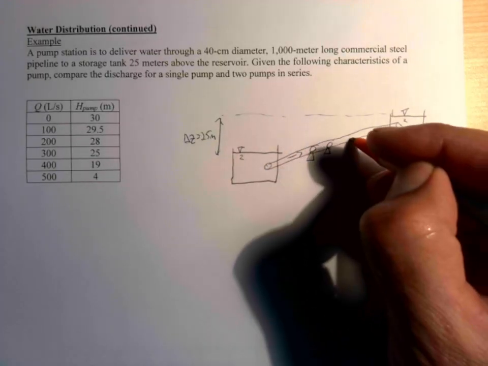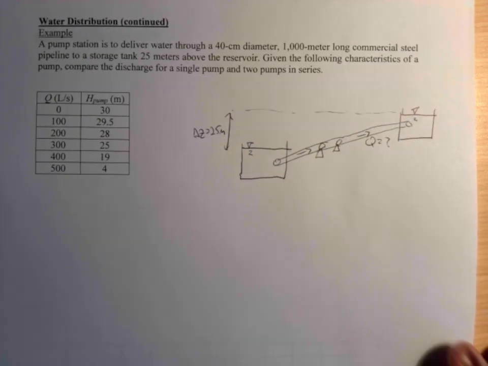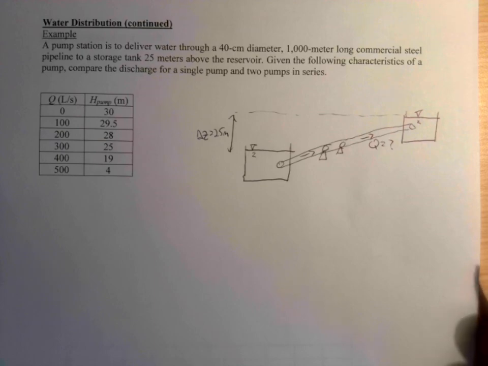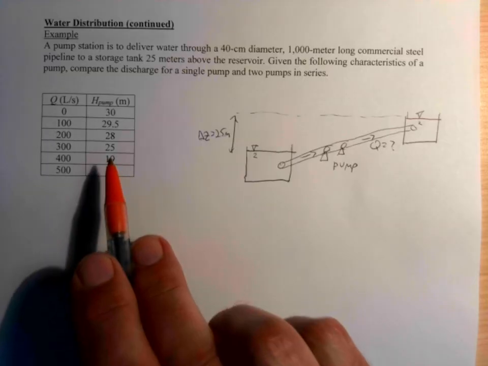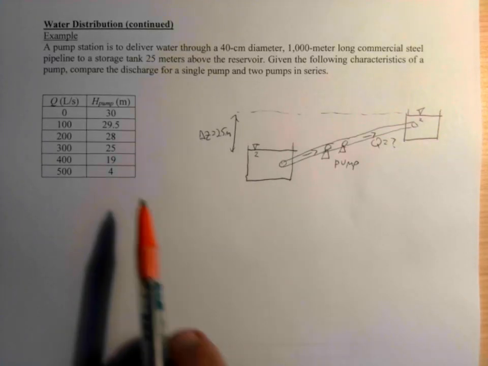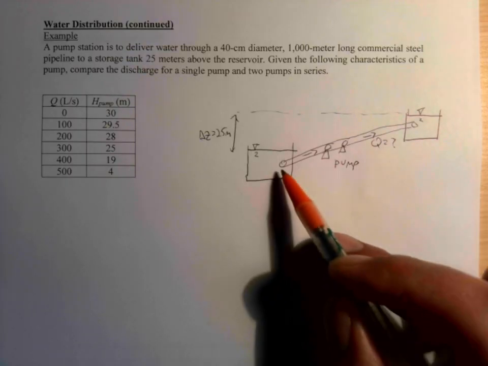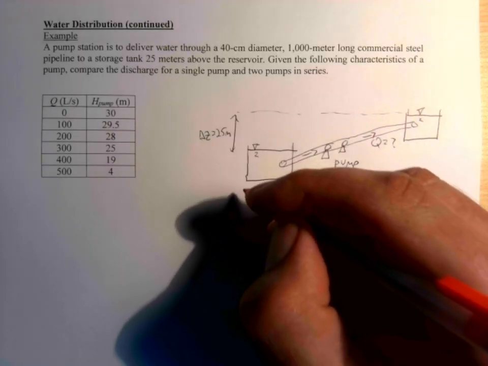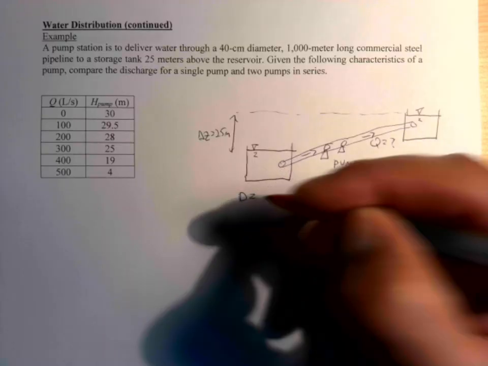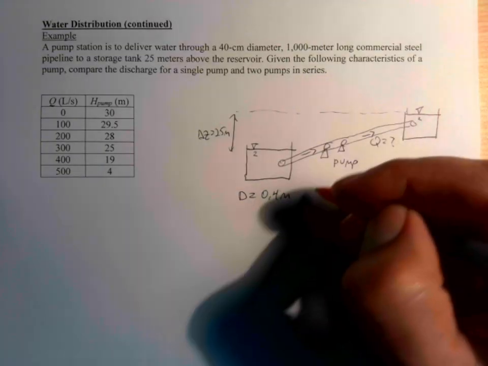Okay, and so we have our flow here, Q, that we're trying to figure out for one pump or two pumps. And then we have our pump characteristic curves over here that tell us how much head we get at different flow rates. And then we also have to think about the losses here. Okay, and so we have, in this example, the diameter of the pipeline is 40 centimeters, so I'm going to go ahead and do a little unit conversion for that.